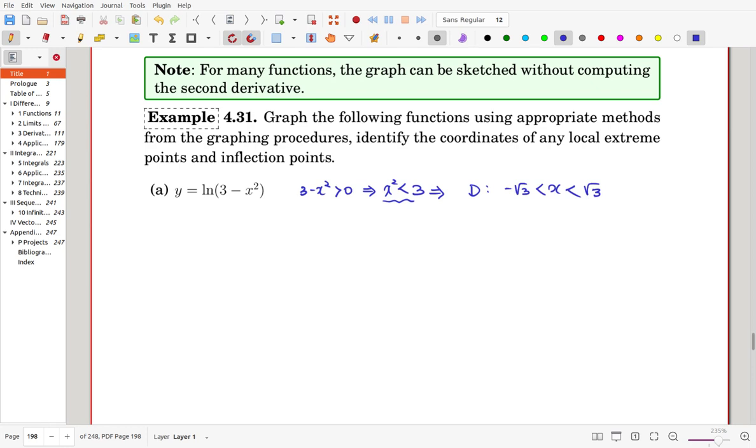That's the domain. Now for that one, y prime: the logarithm of f, the derivative is f prime over f. So that is minus 2x divided by 3 minus x squared. Now in the domain, the bottom value is positive, but if it is 0, then x equals 0, we know that.